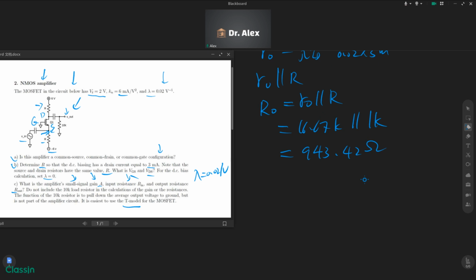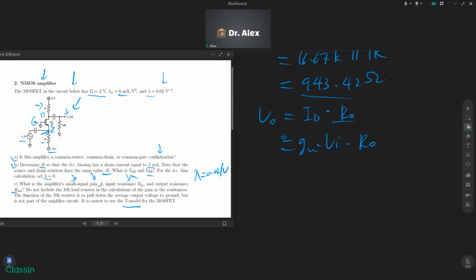ohm. Presently we have the input and output resistance, so we can get the output voltage as ID times the total output resistance. ID is gm times Vin, the input voltage.